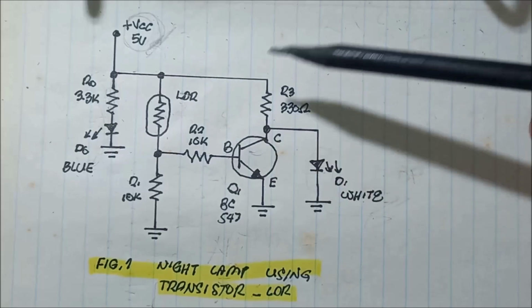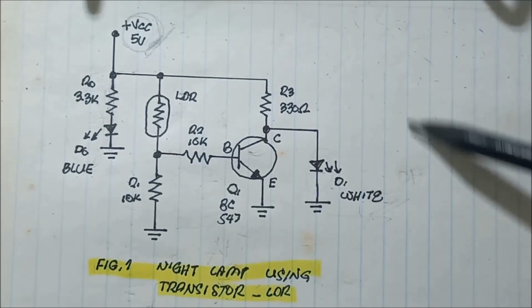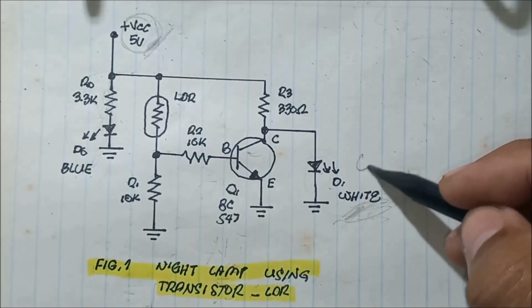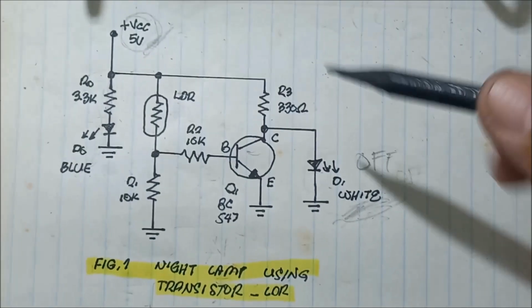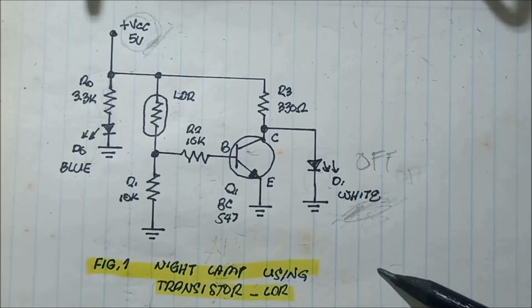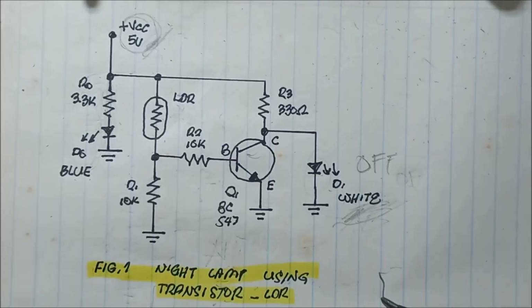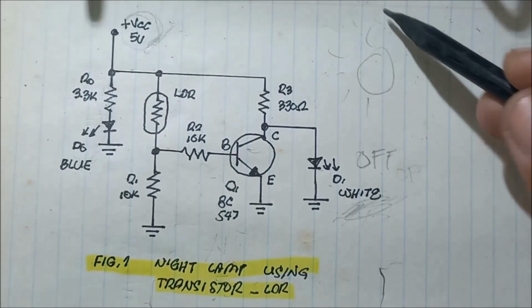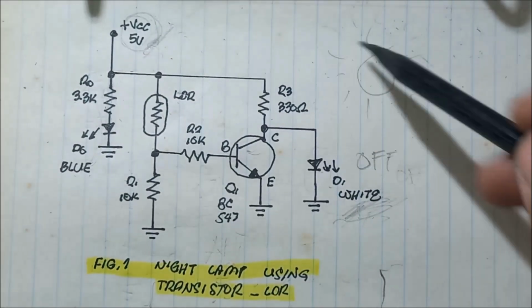And then what happened to the white LED? Why is it off at the initial state? It is off whenever there is light, sunlight or flashlight.